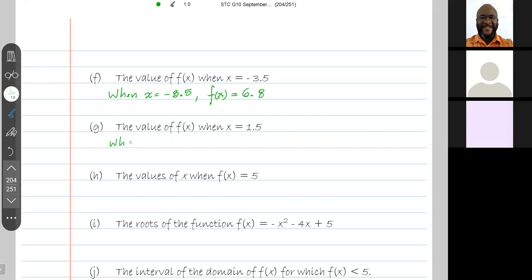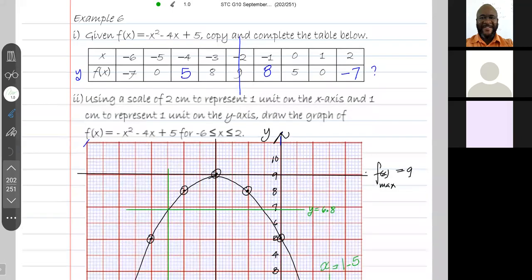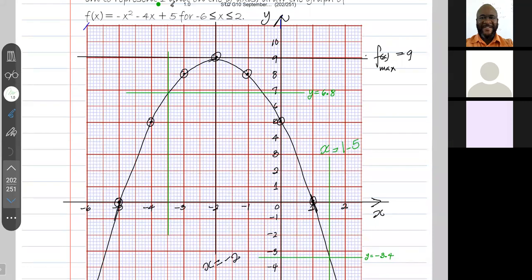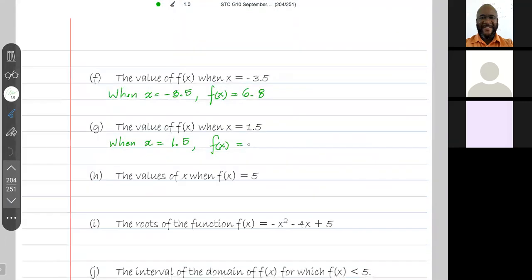When x is equal to 1.5, f of x is equal to, was it minus 1.8? Let's go back up and find out. All right. This is minus 3.4. So f of x would be minus 3.4.